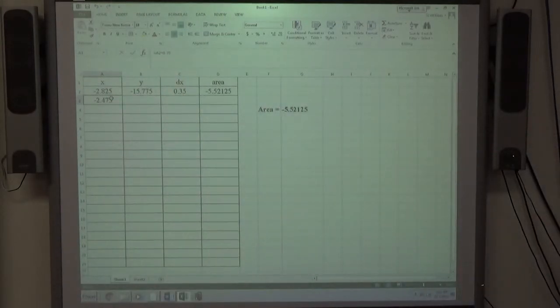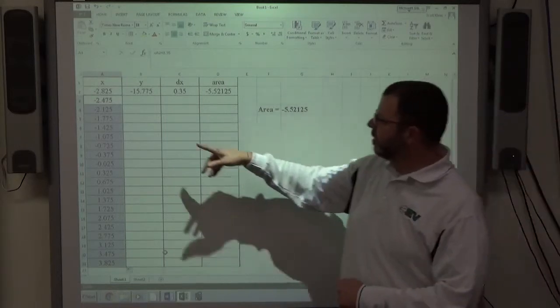If I want to continue doing that, notice how the cursor is like a big plus sign. If I get over here in the corner, it changes to a thin plus sign. Click and drag down. It just fills that formula down for us. I want you to see what the formula does here.